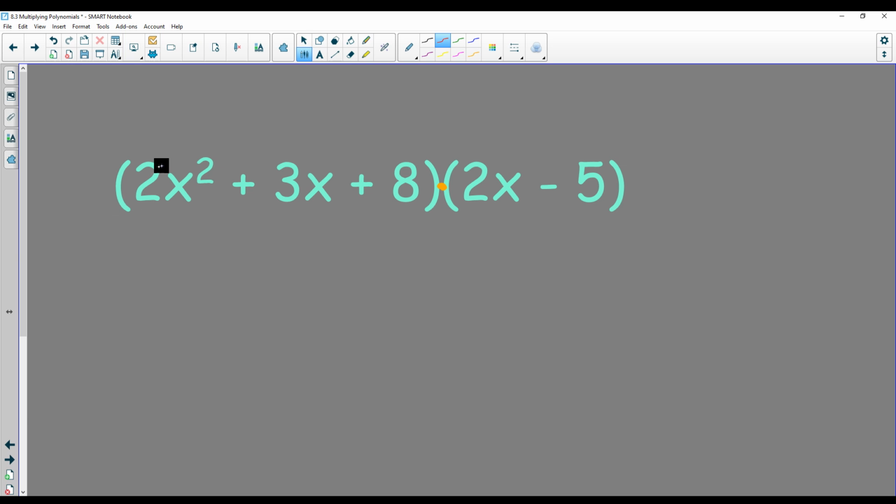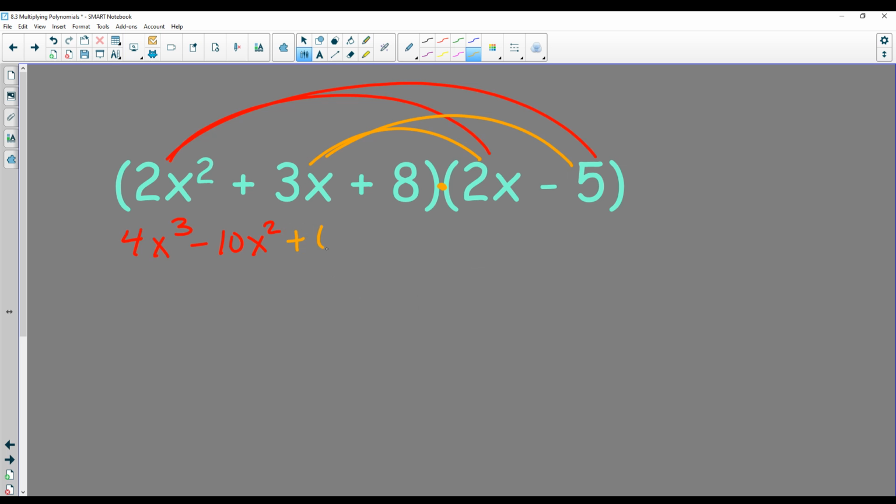So here we go. 2x squared times 2x, that would be 4x to the third. And then 2x squared times negative 5. Okay? And then we'll do the 3x times both of them. And then lastly, we'll do the 8. Okay?